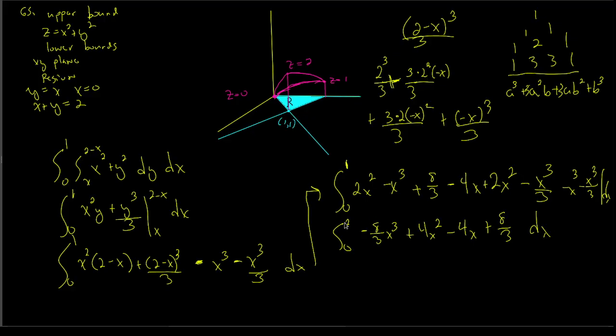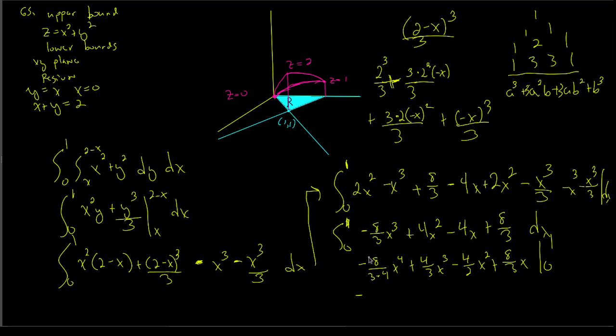All right. And now we'll integrate here. So this is going to become minus 8 over 3 times 4, x to the 4th, plus 4/3 x cubed minus 4 over 2 x squared plus 8/3 x, evaluated from 0 to 1. The zeros won't matter, so I'll put in my ones.